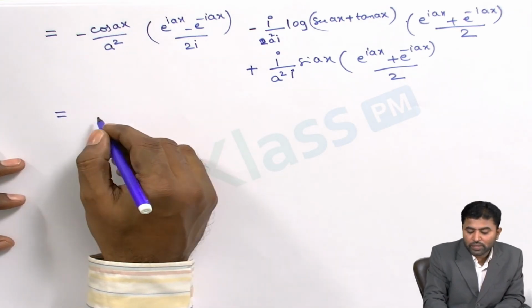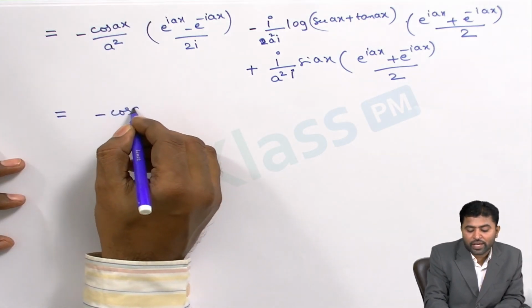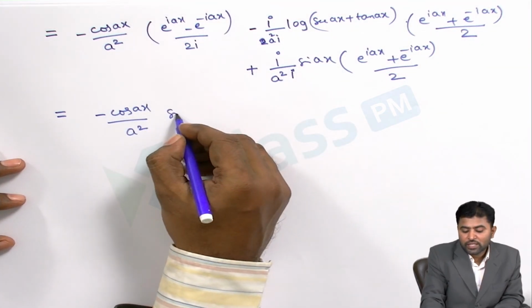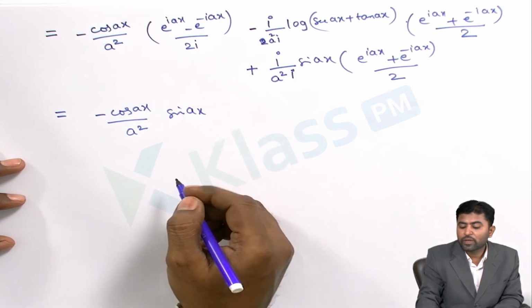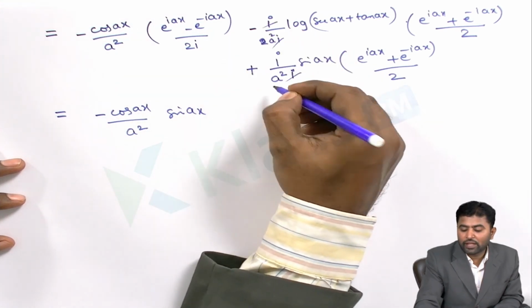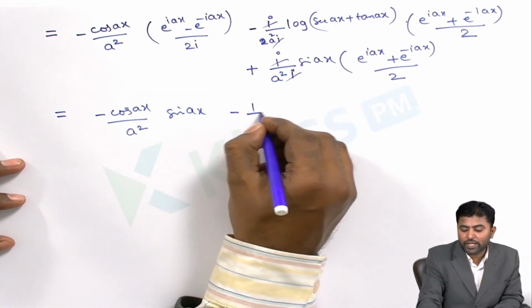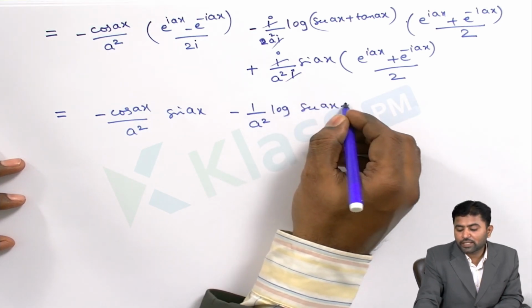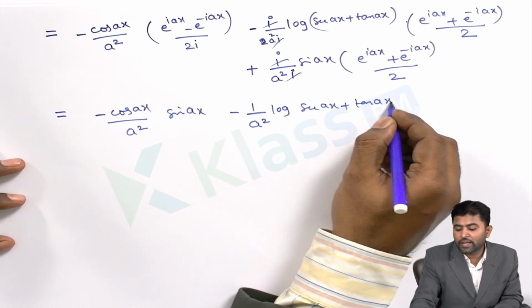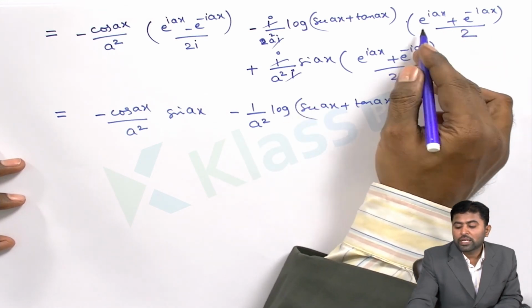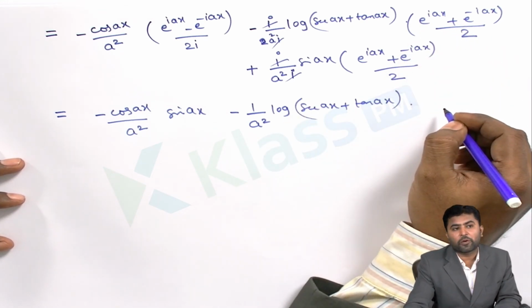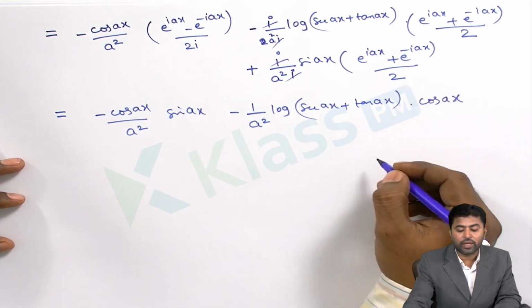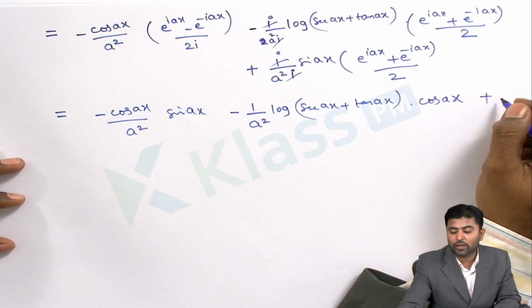So this will become minus cos ax by a square, and this we know is sin ax. And here the i will get cancelled. We'll get minus 1 by a square log secant ax plus tan ax into e power i theta plus e power minus i theta by 2, which is nothing but cos ax. And here also the i got cancelled.